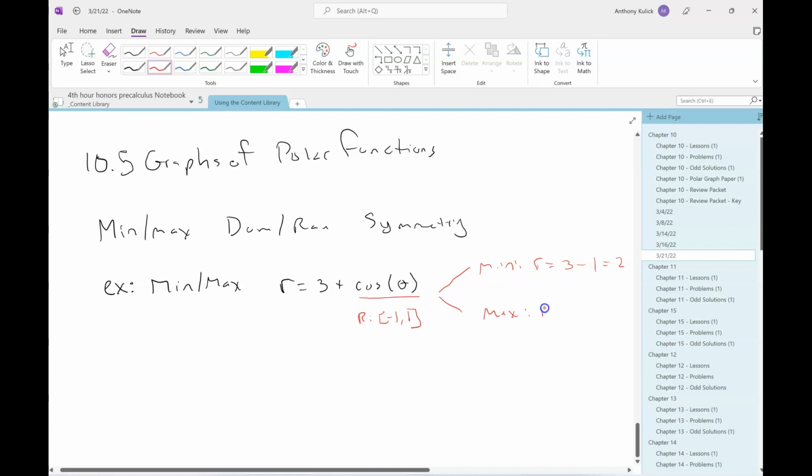And the maximum value for r would just be where cosine theta is +1. So easy, Mr. Kulik. Yeah, no duh. So what's the range for r then? Just 2 to 4.